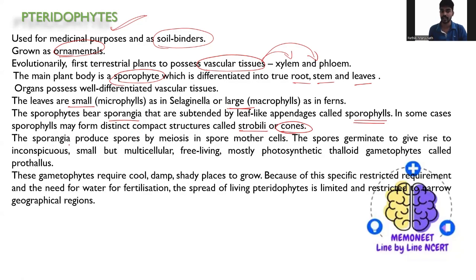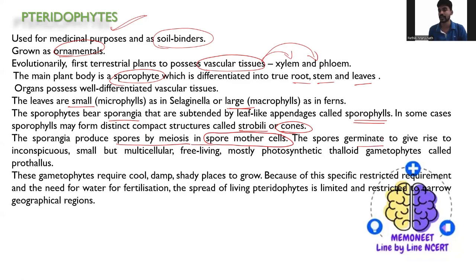Then the sporangia produce spores by meiosis, through the spore mother cells. So they produce the spores by meiosis in the spore mother cells, and then the spores are produced, right?